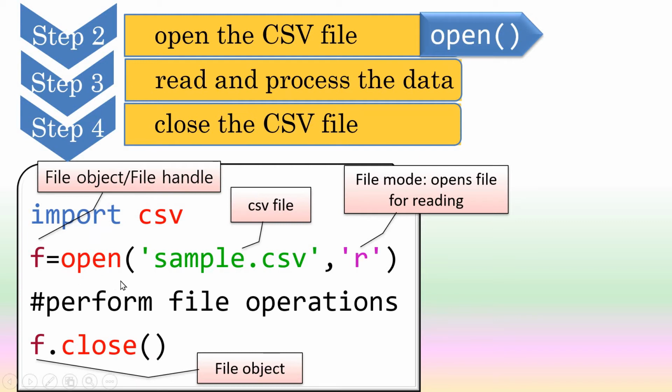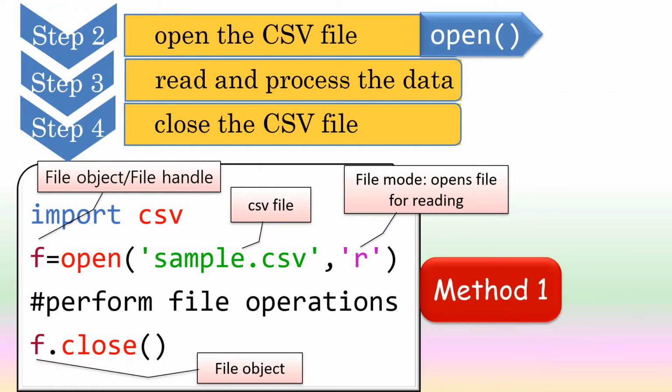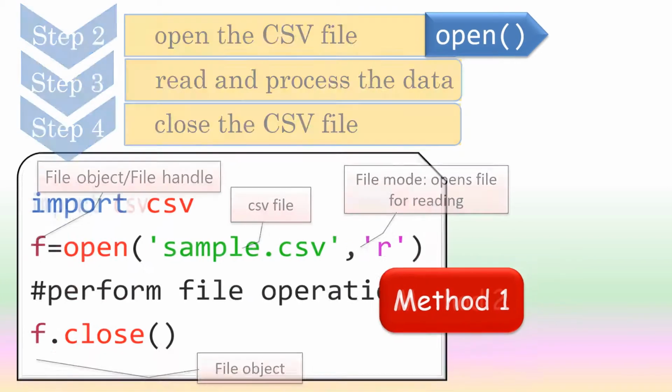Actually, there are 2 ways in which you can write the open function. The one which I have used here, I call method 1. And take a look at method 2 of the open function.